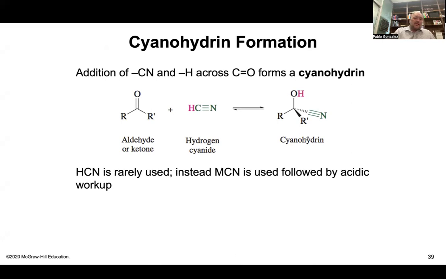Now, HCN is rarely used. Instead, MCN is used followed by acidic workup. So MCN, as we mentioned before, why do we use a metal in here instead of HCN? Who remembers?